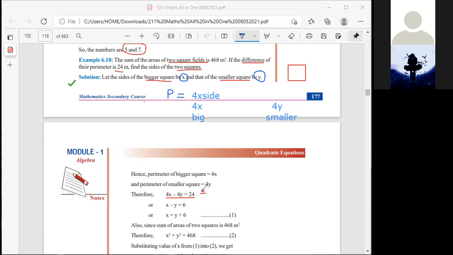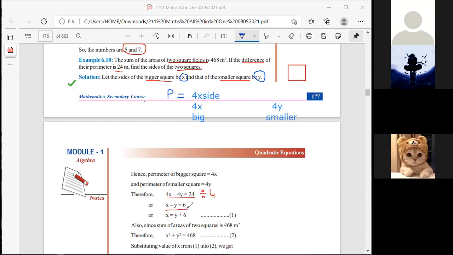Are you all understanding what I'm doing? If I divide the entire equation by 4, this is what I get. x minus y is equal to 6. Correct? Yes, ma'am.